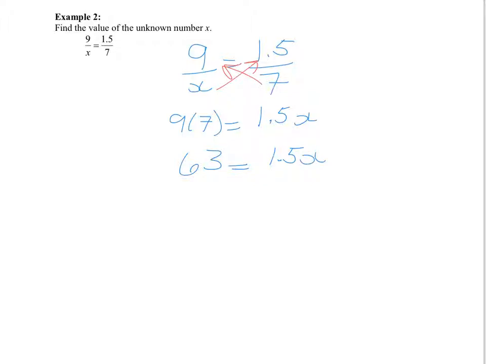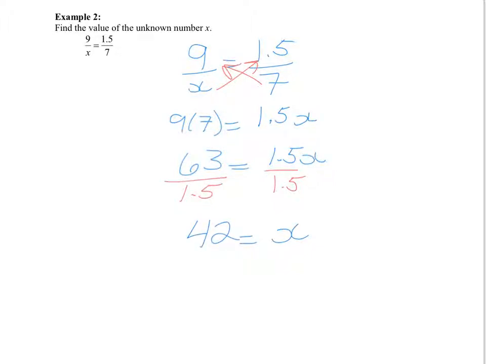Then as our last step we divide by the number that's attached to x. 1.5 is attached to x, so we divide both sides by 1.5. And that just leaves us with x over here. And 63 divided by 1.5, if you do that on your calculator, you'll get 42.